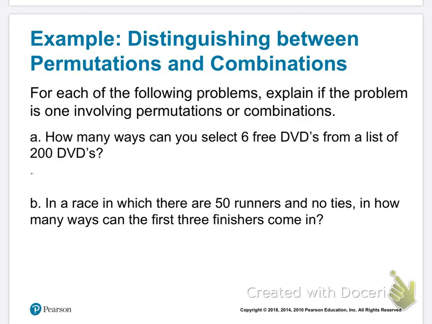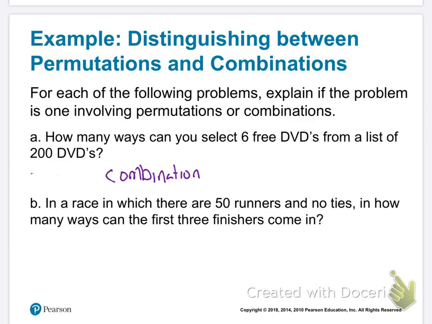So does it matter what the 6 DVDs are? Well, you might have preferences. This is just asking how can you select 6. There's no first place. So this one is a combination. Order does not matter.